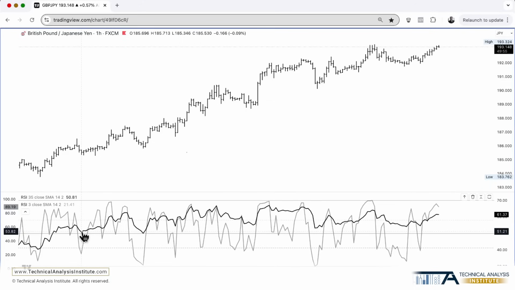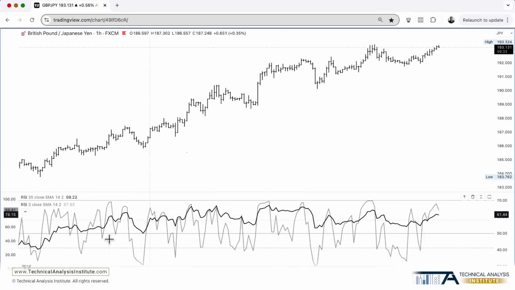Therefore, we can start looking for buy signals. And the buy signals are the ones that the RSI 3 is going to give us. Since we are in an uptrend, we only want to take buy signals, no sell signals, right?